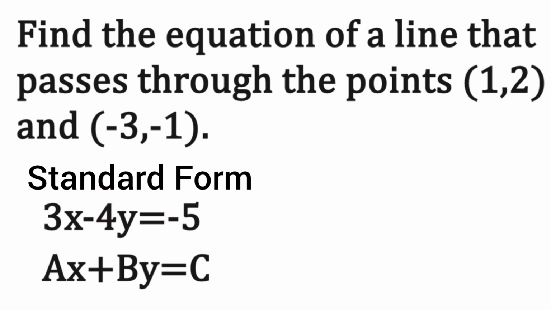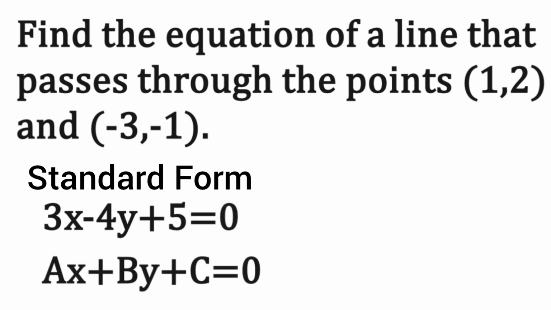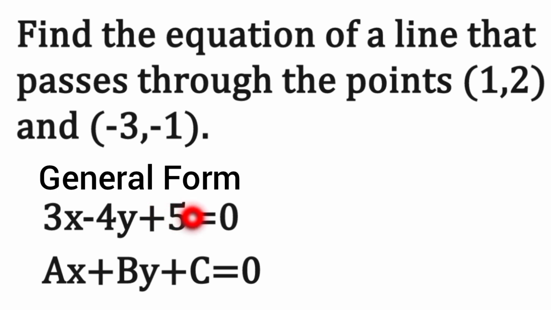We can further make this the general form. This is the standard form, but we can make it the general form by transposing the 5 here, so this becomes positive 5. So 3x minus 4y plus 5 equals 0, following ax plus by plus c equals 0, the general form of a linear equation.